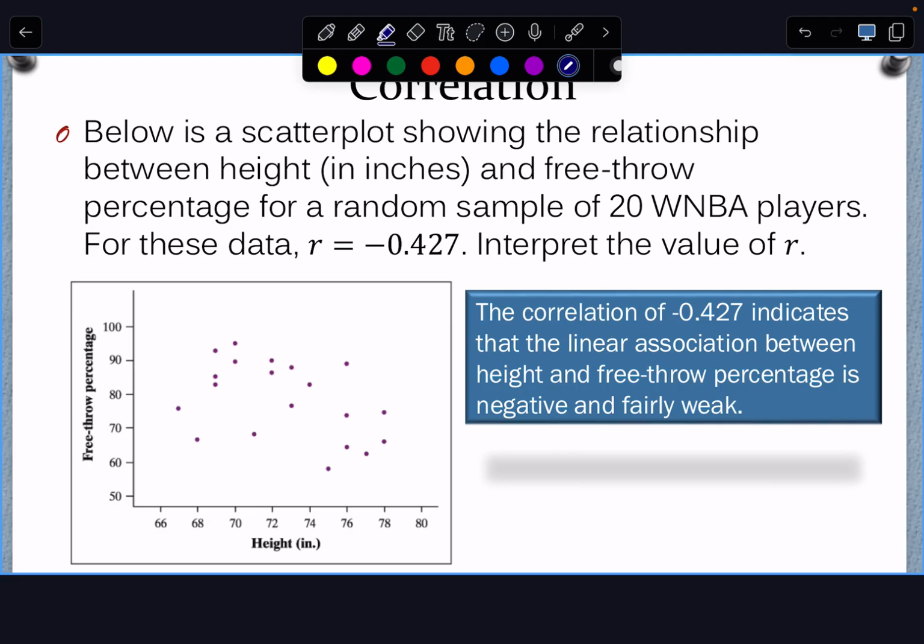So as we look at this, okay, when they give us a correlation value, I should also have a graph representing the association. And why do I want that graph? Why don't I want to make conclusions based only on a correlation value?